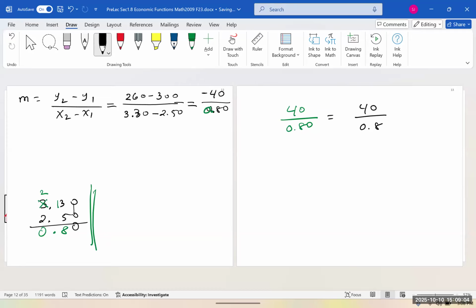But 0.8 means 8 over 10, because you have one place after the decimal, so you put a 1 and one 0 on the denominator. And you do keep, change, flip. So you get 40 times 10 over 8. 8 goes into 40 five times. So you get 50 from the multiplication. This is negative 50.